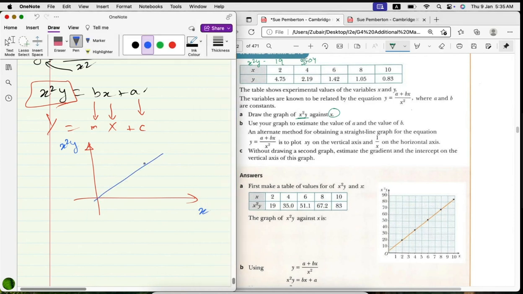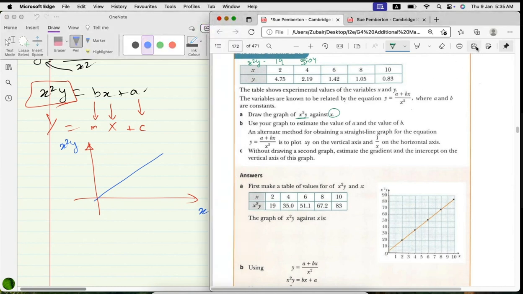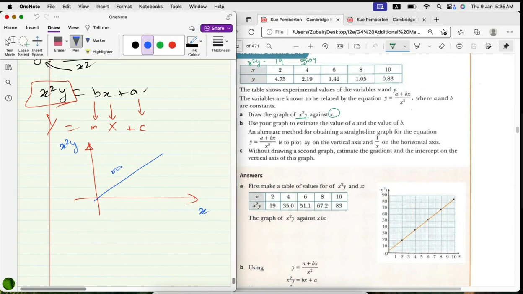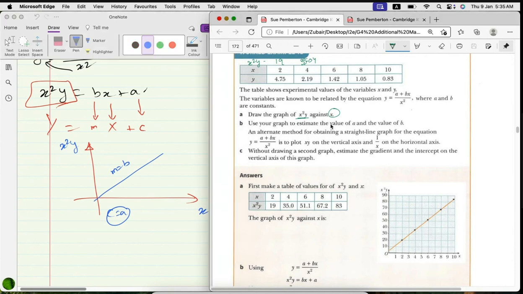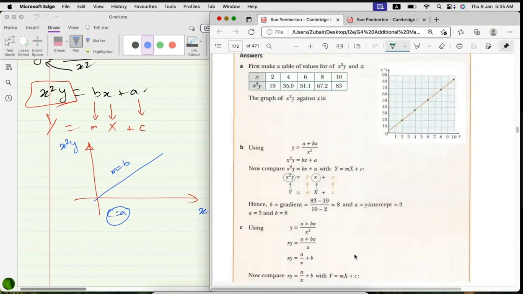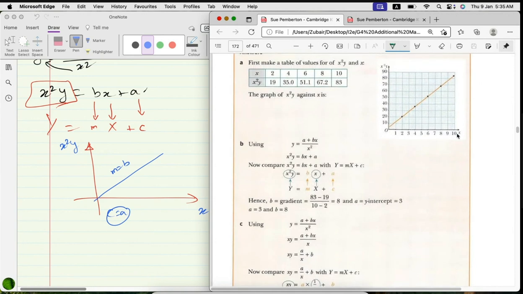That should give me an increasing line. And here the gradient is equal to b and the y-intercept is equal to a. So to draw the graph, first we make this table and then we draw the graph.